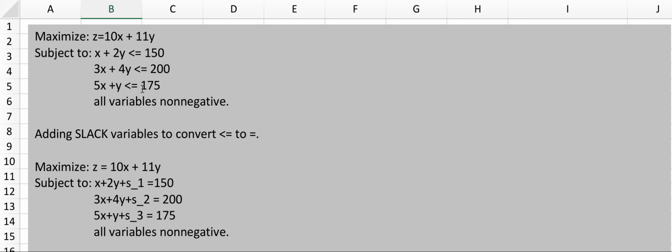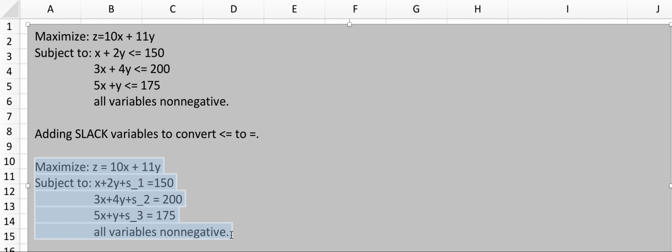So the point was, we just added three new variables, S1, S2, and S3. We add one of them to each of these inequalities to get a new problem, which is basically the same problem. It just has three new variables in it, which are just there to keep track of information for us.